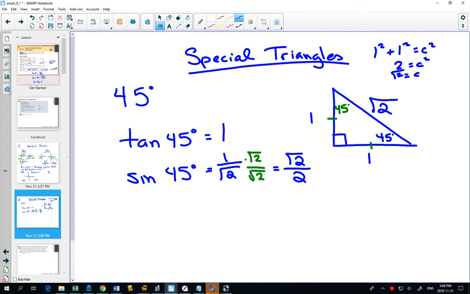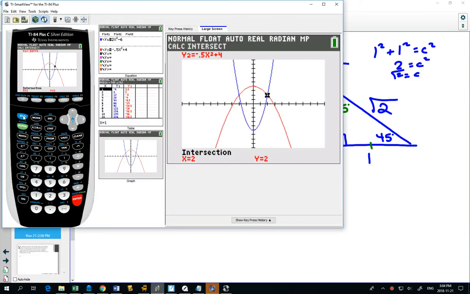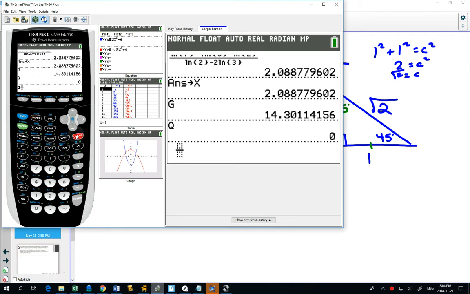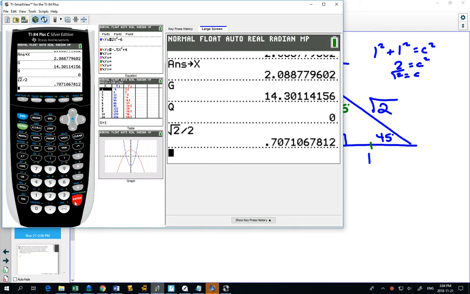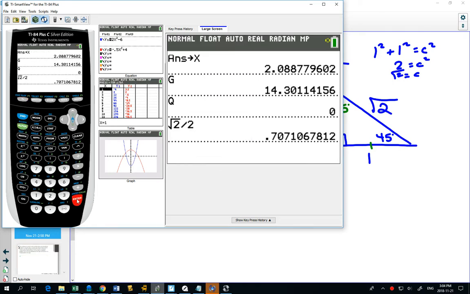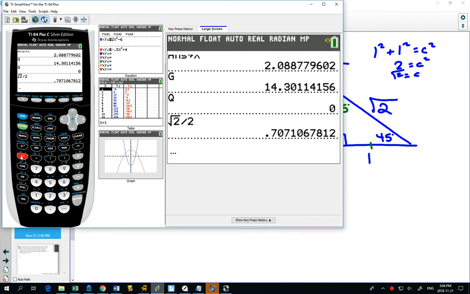I'd like you to type the square root of 2 over 2 in your calculator. Second square root, square root of 2 divided by 2, it's equal to 0.707. If you didn't get that, you typed it in wrong. Probably even better if you use the fraction button so you can really see the square root of 2 on the top and 2 on the bottom.